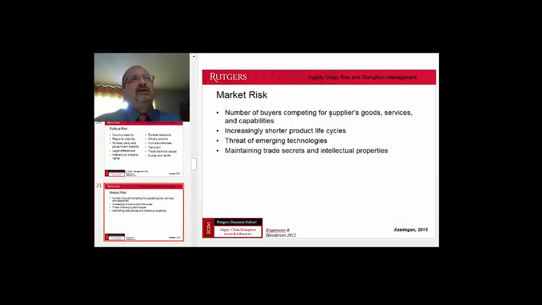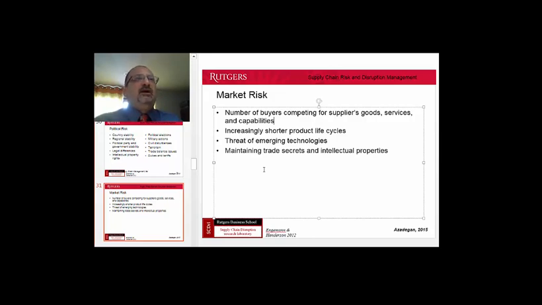Market risk is the number of buyers competing for suppliers' goods and services, and as demand increases or becomes volatile, and as we have entrance to the market or exit from the market, the supply volume can fluctuate and therefore provide risks.